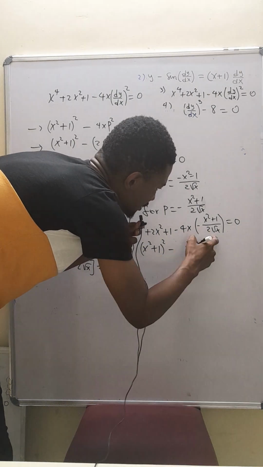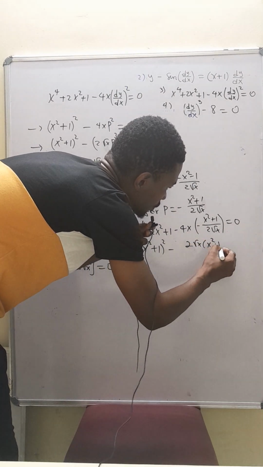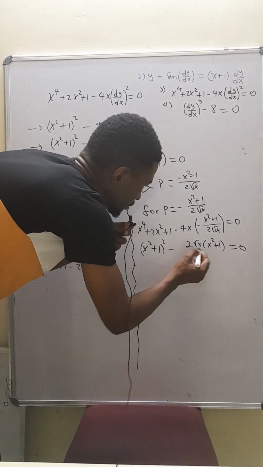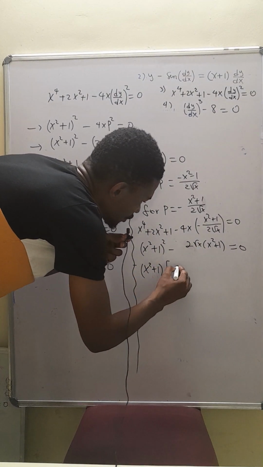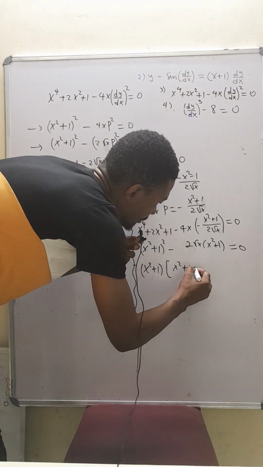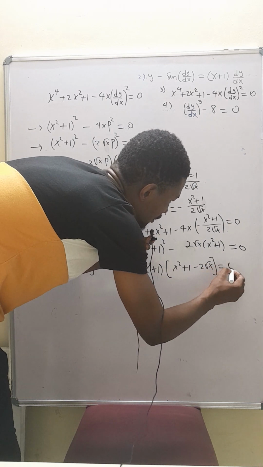This and this, 2√x times (x² + 1) equal to 0. Take x² + 1 common, so you get (x² + 1)(x² + 1 − 2√x) equal to 0.